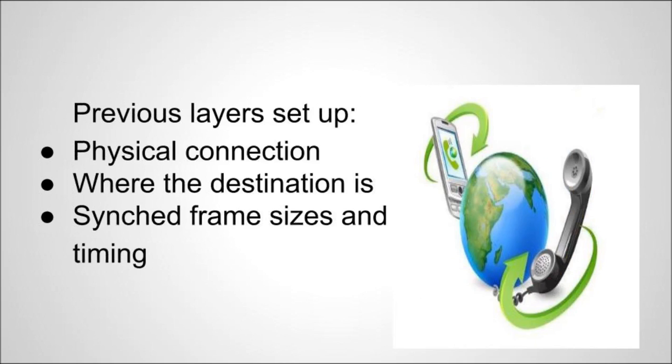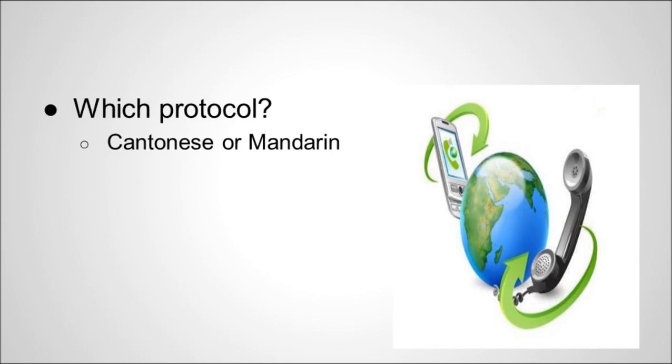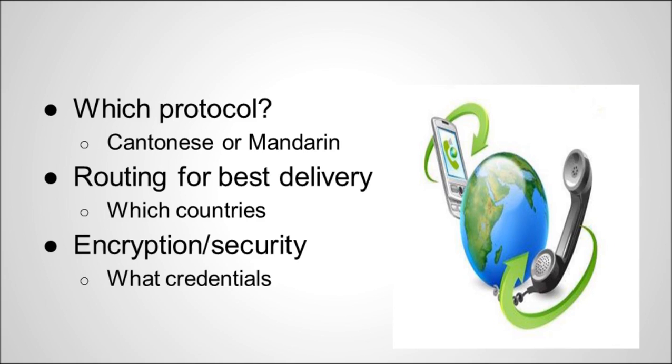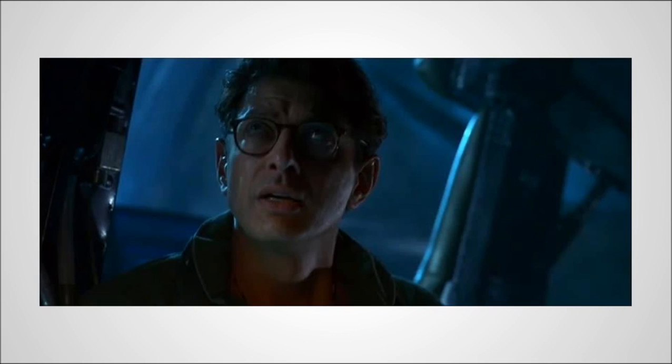As an example, if we're making a phone call to China, it's already been decided that we're going to converse via telephone and speak in Chinese in 30-second chunks by the earlier layers. The application layer is where we decide if we're going to speak Cantonese or Mandarin, which countries we're going to route the call through, and any security credentials we're going to require. With me so far? Oh, hell! Stop with the catchphrasing.